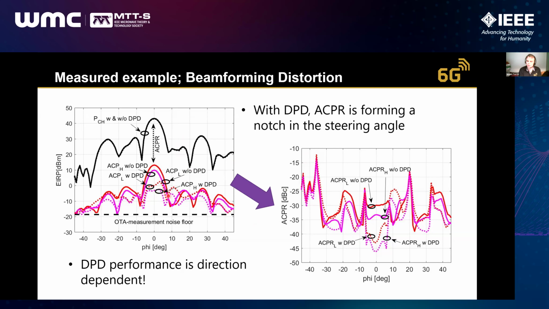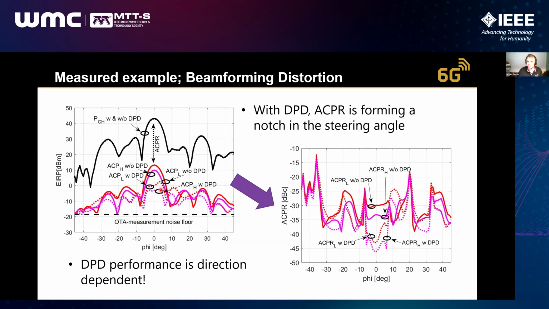So even if we apply the common DPD for all the antennas, we shouldn't basically make any differences over the antennas. But we actually do make differences because we have nonlinearity. And that nonlinearity makes this kind of effect. So now we can say that DPD performance in this kind of array is direction dependent.